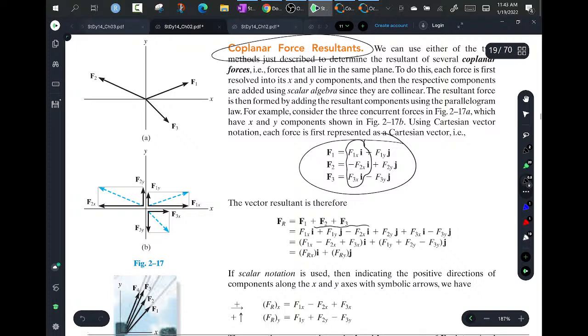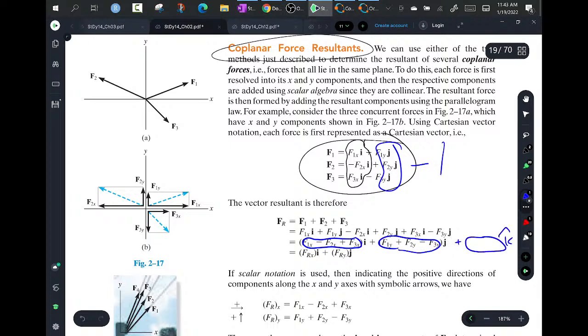Then all the components with respect to j. And if you had k components, you would have all those summed up with the k here. In this case, you're just summing the components. So you take this part, that part.